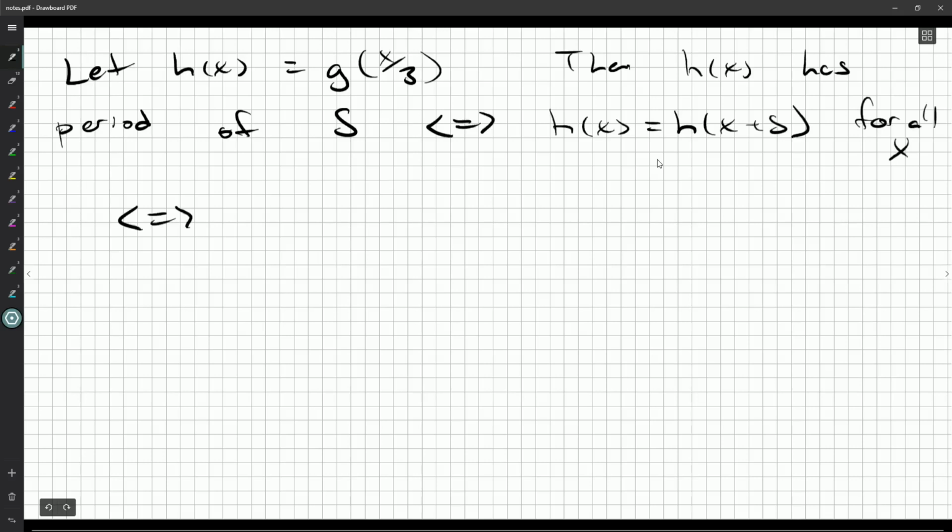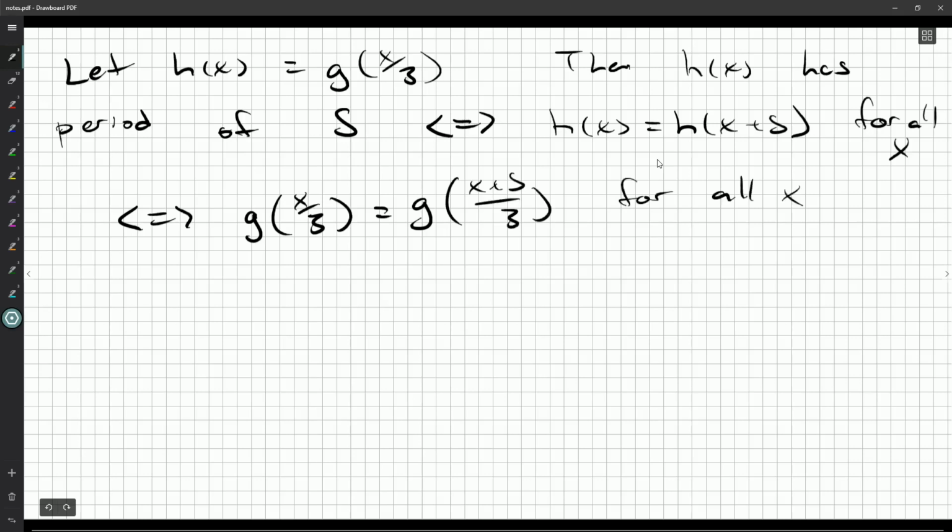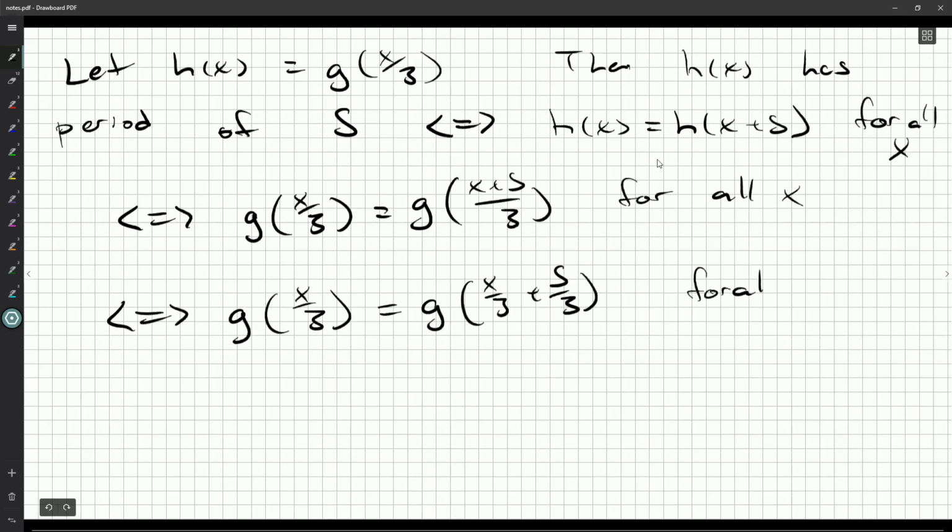That's fine. But now we can change things. We can say now g of x over 3 equals g of x plus s over 3 for all x. And then we can say, okay, well, g of x over 3 is equal to g of x over 3 plus s over 3 for all x.